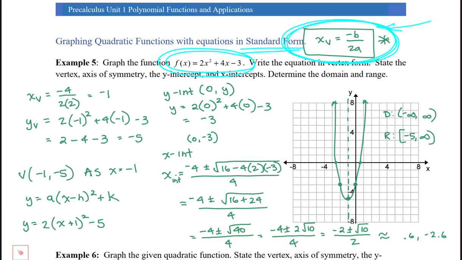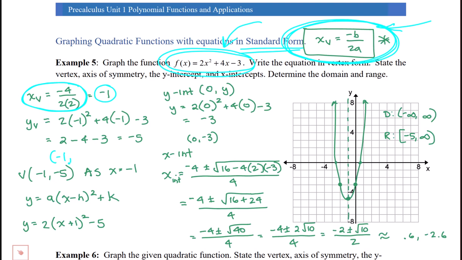So let's get started. So here's our quadratic function. Define the vertex. Let's take -b over 2a, and this will give us -4 over 2 times -2. That's -1. So the x-coordinate of our vertex is -1.